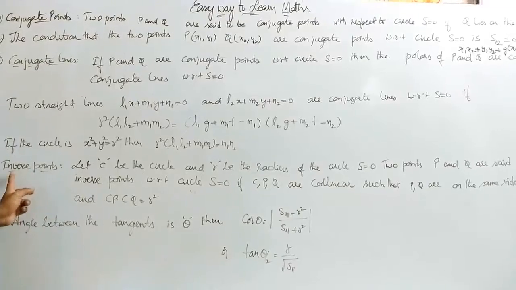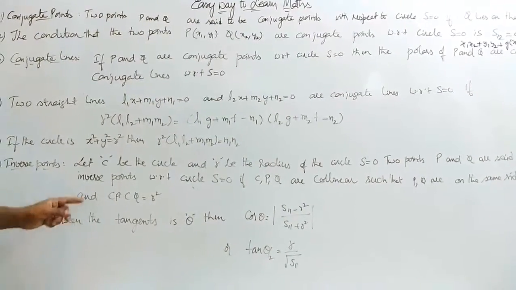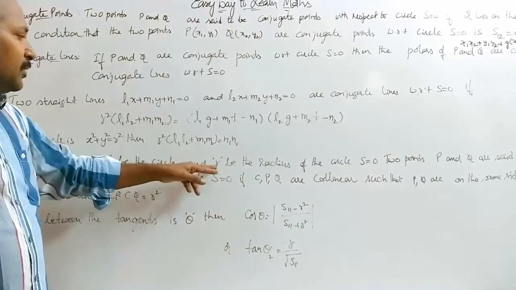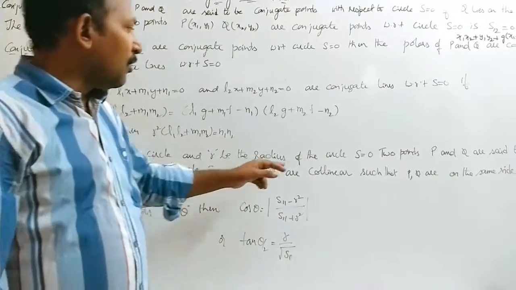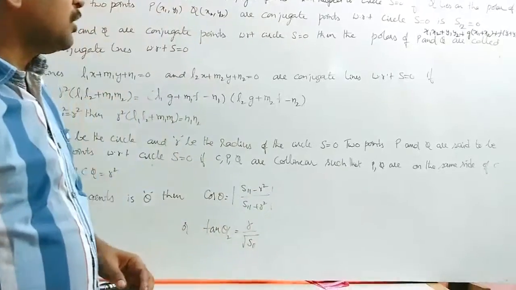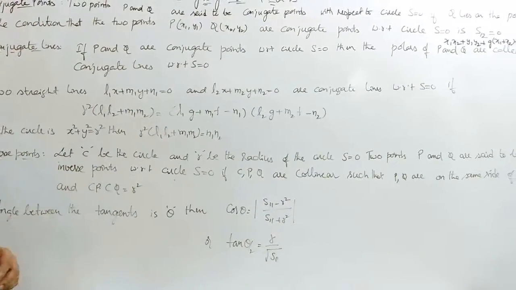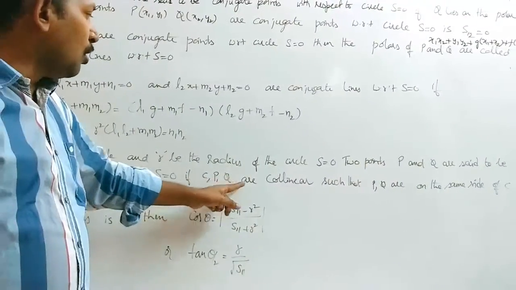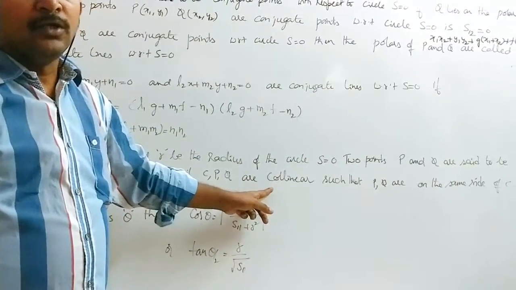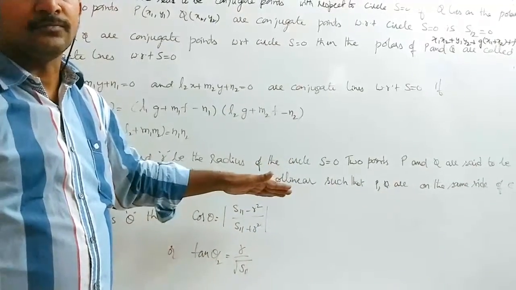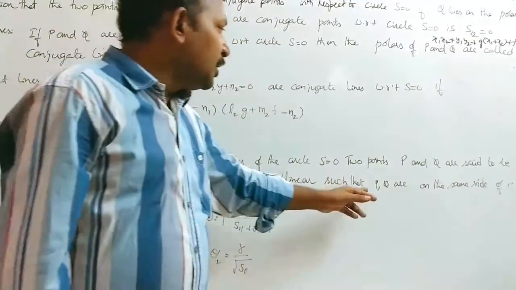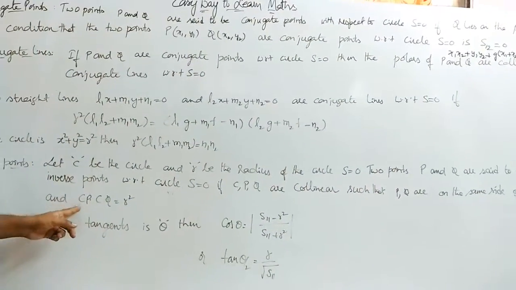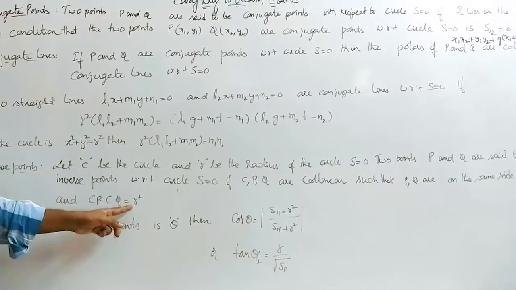Next, inverse points. Let C be the center of the circle and R be the radius of the circle. Two points P and Q are said to be inverse points with respect to circle S equal to 0 if C, P, Q are collinear, collinear means points on the same line, such that P and Q are on the same side of C and CP dot CQ is equal to R square.